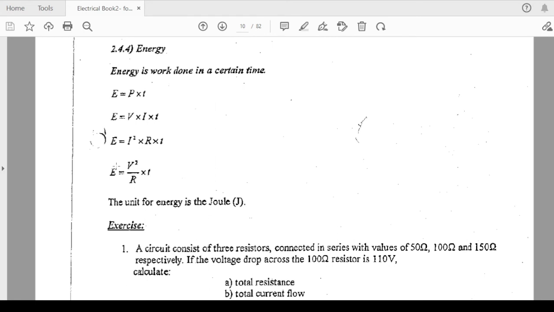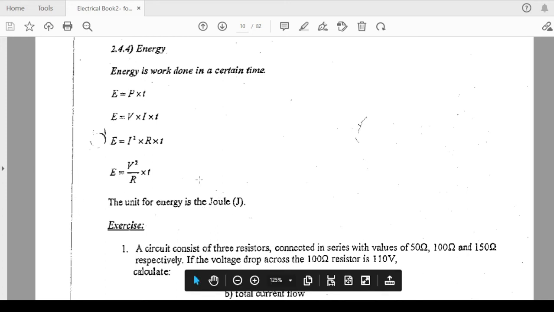There's the formula you can also use. Energy is V squared over R times time. V squared over R is power. So power times time is still energy, but the energy in joules. That's the unit of energy.